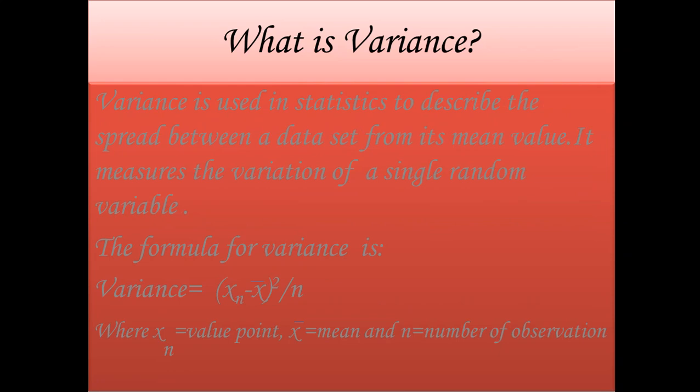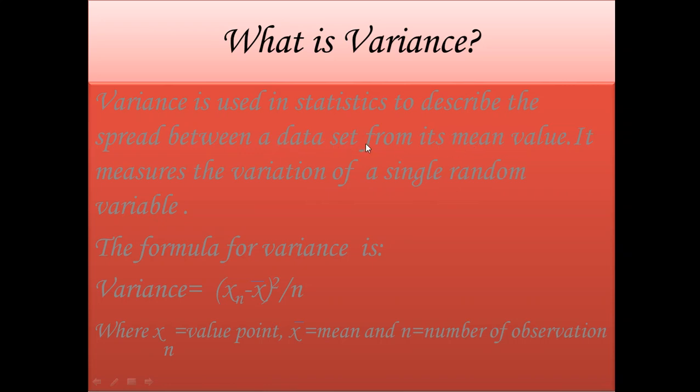Variance is used in statistics to describe the spread of a data set from its mean value. It measures the variation of a single random variable. That means variance is used to describe the data set from its mean value.